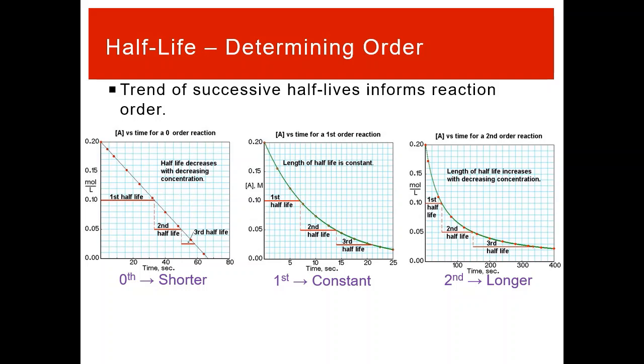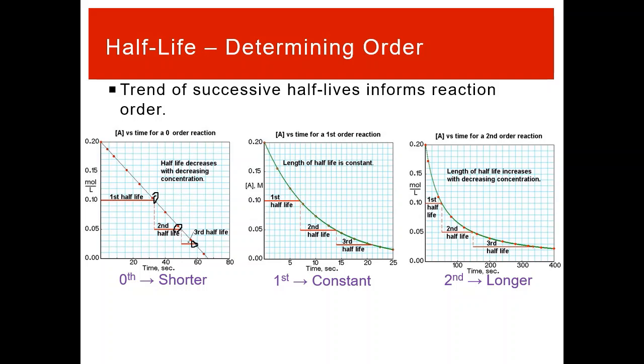When you're dealing with 0th or second order half-lives, the length of time for the half-life depends on the initial amount of reactant that you have. So for a 0th order process, the second half-life is shorter than the first, because your initial concentration is lower. As the concentration gets lower, the half-life gets shorter.